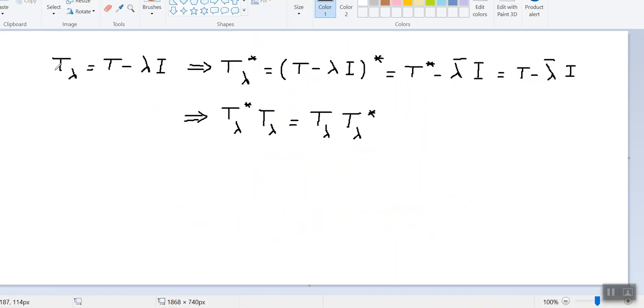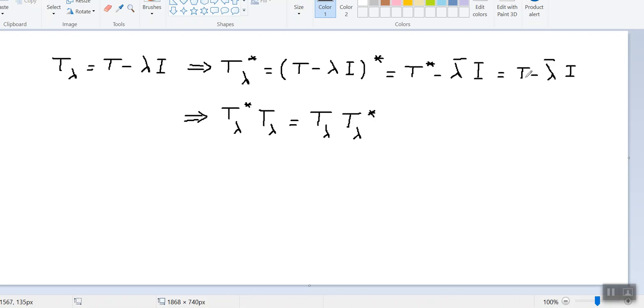We can show that T lambda star equals T star minus the adjoint of lambda I, which is a scalar operator, becoming lambda bar I. Since T is self-adjoint, T star equals T, so it becomes T minus lambda bar I. So this is T lambda and this is T lambda star.